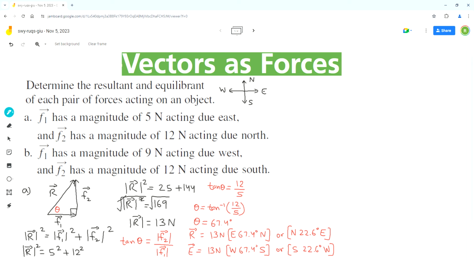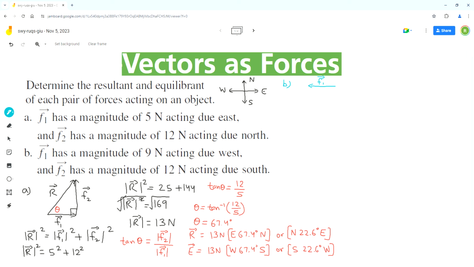Now we can analyze part B. So we'll start with the diagram. So in part B, F1 has a magnitude of 9 Newton acting due west, and F2 has a magnitude of 12 Newton acting due south. So we have F1 going in the west direction, and F2 with 12 Newton acting south.